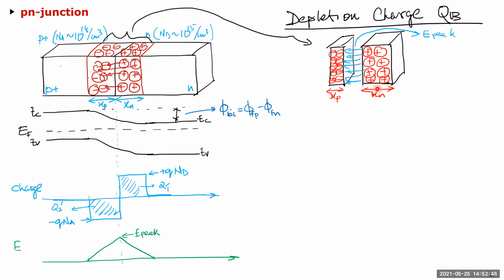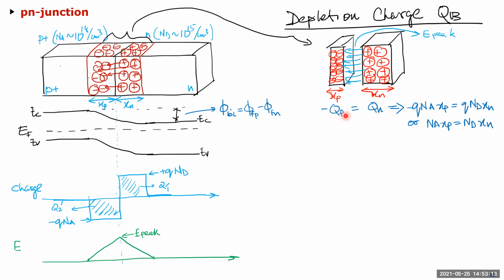And this distance is xn, which is the depletion length of the n region, and xp is the depletion range in the p region. And obviously the charges are equal. So the charge on the P side is negative charge because it's all electron. On the N side it is positive because of the electrons which are missing here.